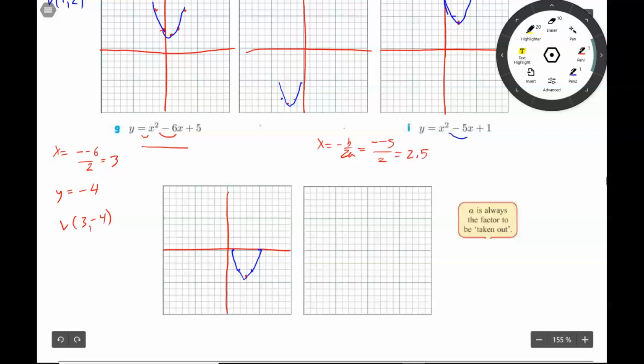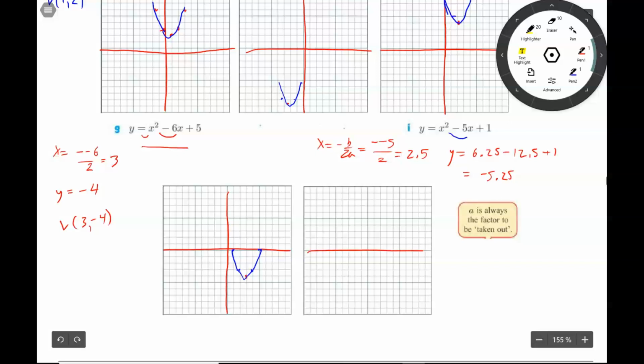Okay, and then if I wanted to find the y value, I would put the 2.5 into x squared minus 5x plus 1. That would give me y equals 2.5 squared, which is 6.25, minus 5 times 2.5, which gives me minus 12.5. And then plus 1. And so that would be negative 6.25 plus 1, which would be negative 5.25.